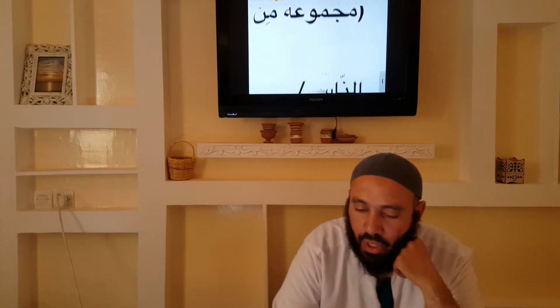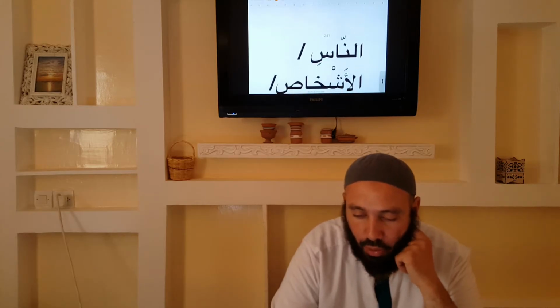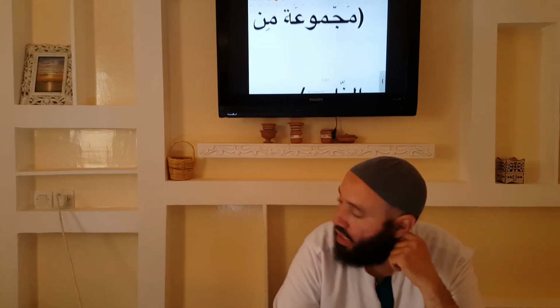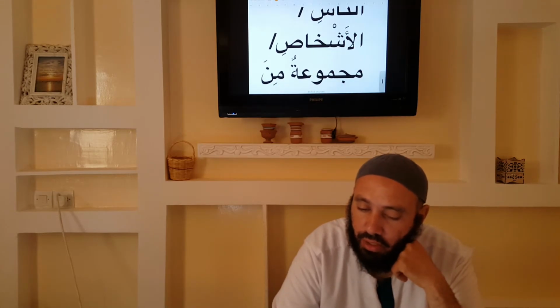So what I actually want to say is مجموعة can be a group of people, but it can also be something outside people. It can be an object. So you say, for example, مجموعة من الناس, a group of people, or مجموعة من الأشخاص, which means the same. But it can also be used for other than people.